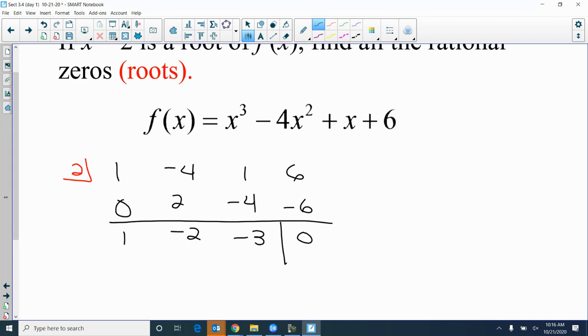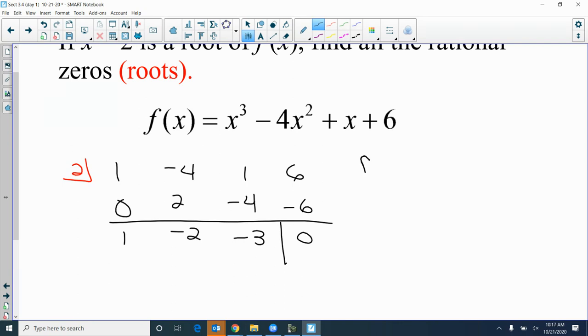All right, we get a remainder of 0. How many total roots can there be? Let me just look at the original function. So you get x cubed. How many total roots can there be? Do we remember that part? Tony? 3. There can be 3. So x cubed we hit 3 times. So we got one of them.